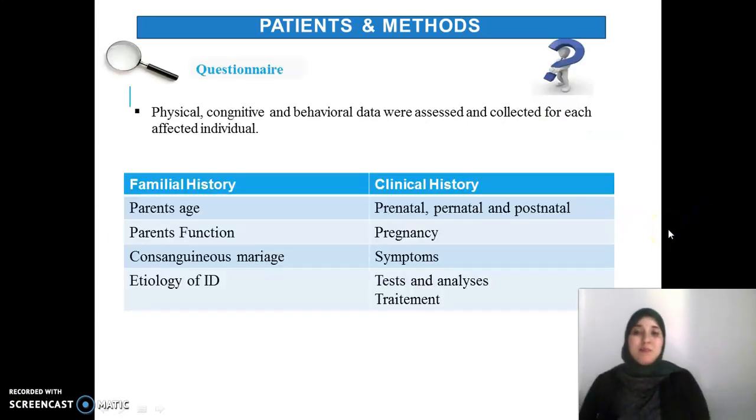We have established the questionnaire to assess and collect physical, cognitive, and behavioral data for each affected individual, like familial history and clinical history.